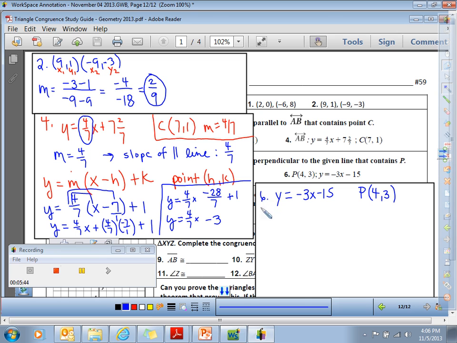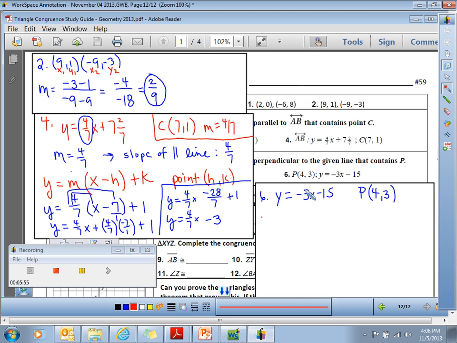Okay, once again, we're going to use the point-slope form. Well, before we do that, let's talk about how we're writing an equation of a line that's perpendicular to the given line.